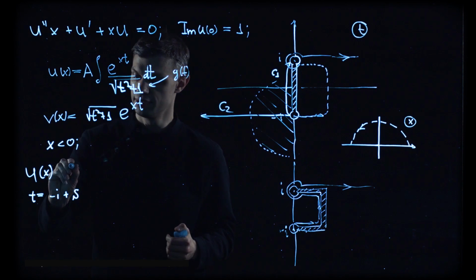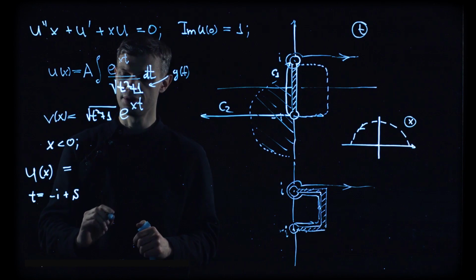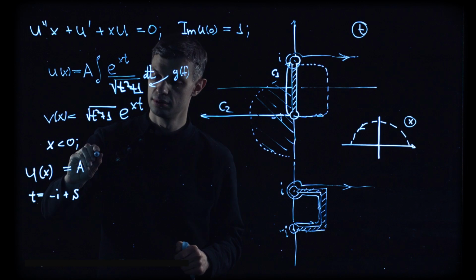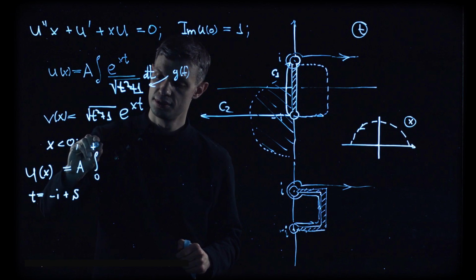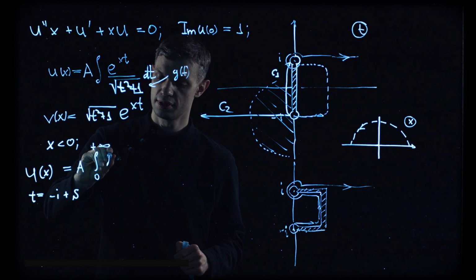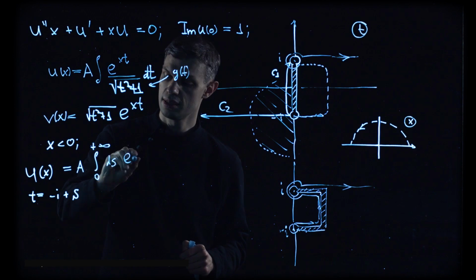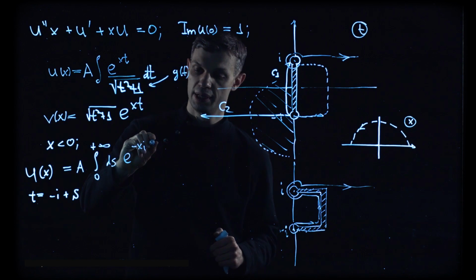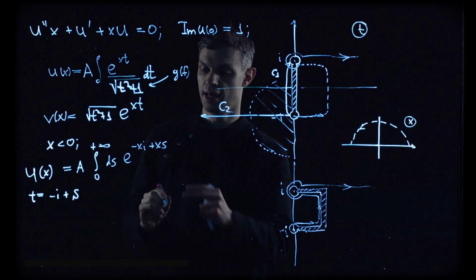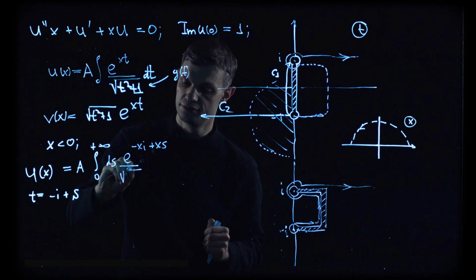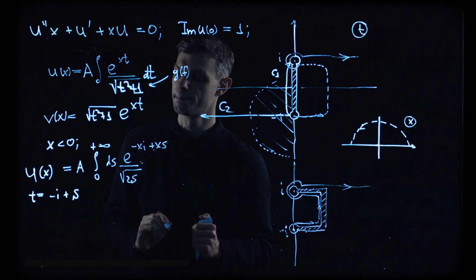Here is our integral. s changes from 0 to plus infinity, dt is equal to ds e to the minus xi plus xs, x is negative now, divided by square root of 2s.